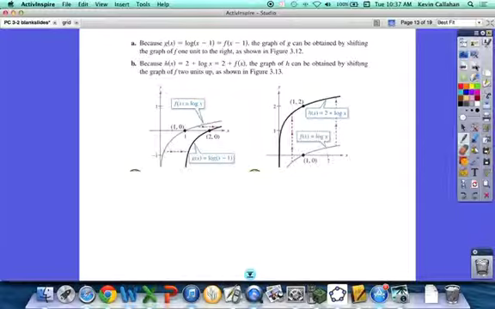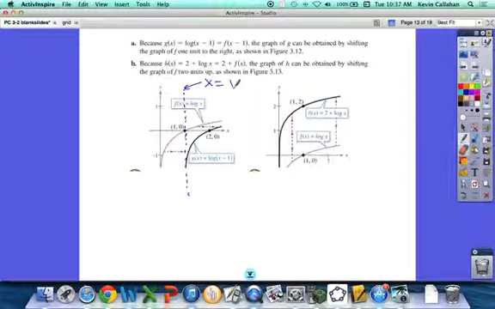Okay, does that move the asymptote? The asymptote was here. If you move the whole graph to the right one, does it move? Sure it does. So the new asymptote is here. Right. So now the asymptote is x equals 1. What is the new domain?